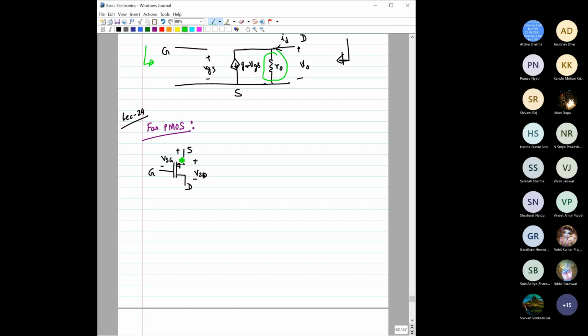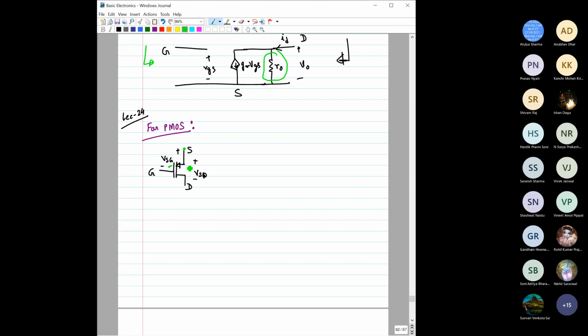In NMOS we generally say VDS, because the drain will be at higher potential. But for PMOS, as the source is at higher potential compared to the drain, we will say VSD. Similarly, unlike the N-channel MOSFET, here we have to say VSG. So these are the differences.